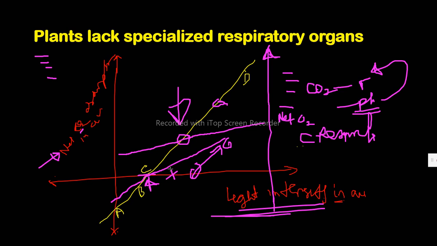So they have to meet at the same point, and that point where they are meeting becomes the compensation point.